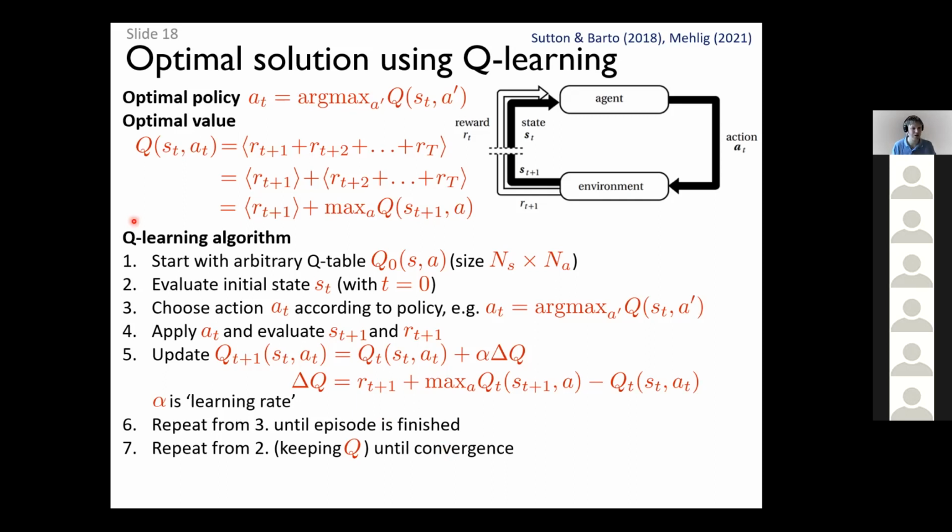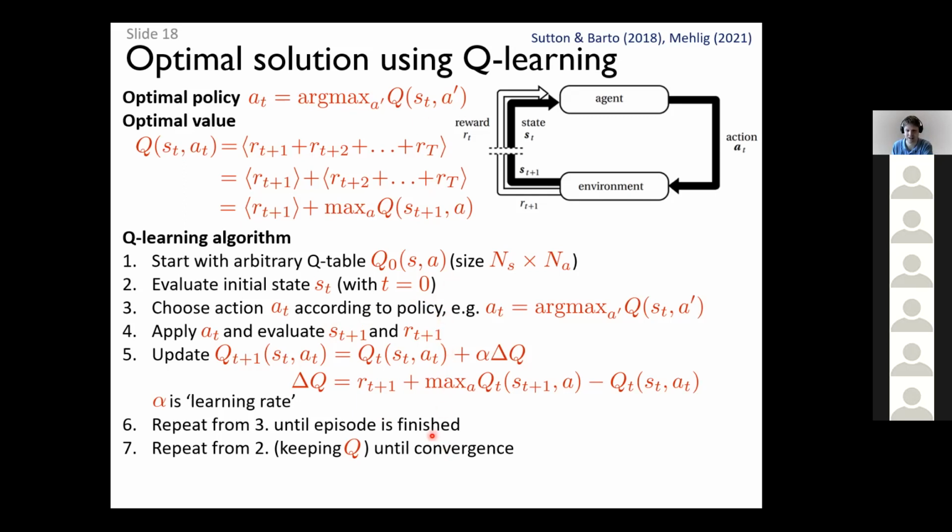There's a question about if you run the whole algorithm multiple times, is it possible to converge to different Q tables? And the answer is yes. Ideally, you will converge to the best one, but that is provided that you have enough exploration in the scheme.